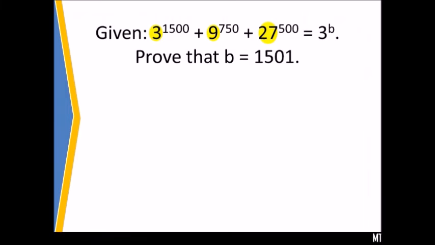And the last question: given 3 to the power of 1500 plus 9 to the power of 750 plus 27 to the power of 500 equals 3 to the power of b. Prove that b equals 1501.